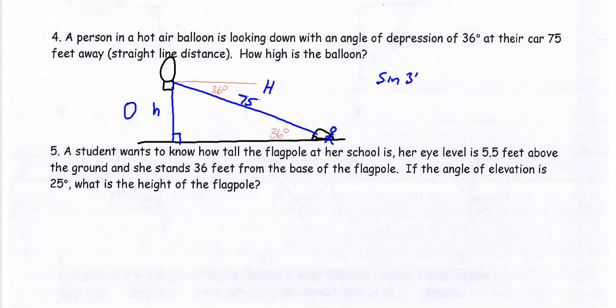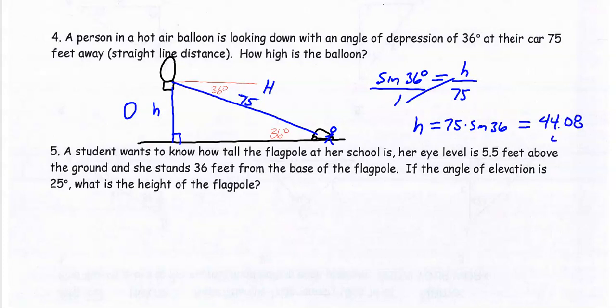The sine when standing at 36 degrees is opposite over hypotenuse. So shake and bake. 75 times the sine of 36. 75 times sine 36. 44.08, which will turn into 44.1. Boom.